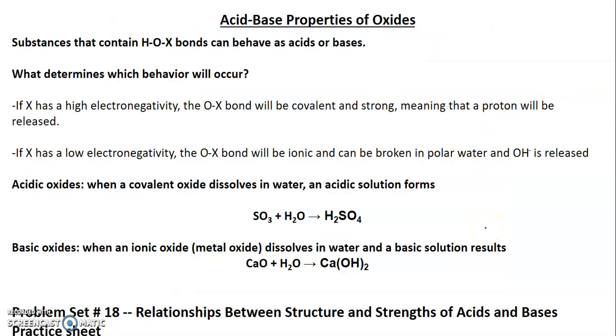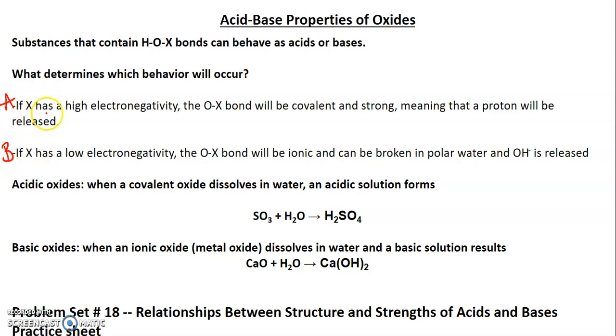Finally, the last bit of information from this unit is looking at oxides. This should probably have gone before the last slide. But here's some more information as to why things with higher electronegativities are going to be more acidic. This is your acidic, and this is your basic.